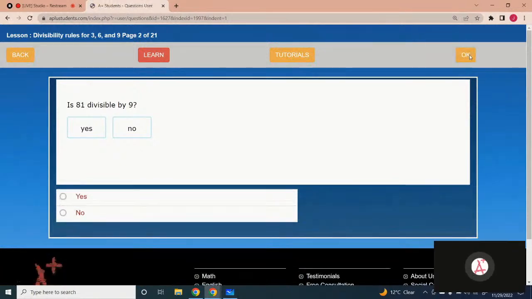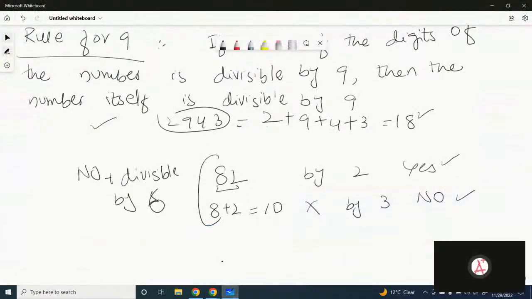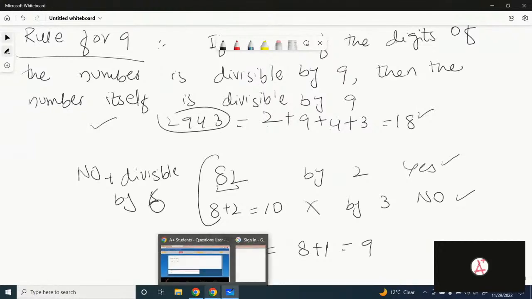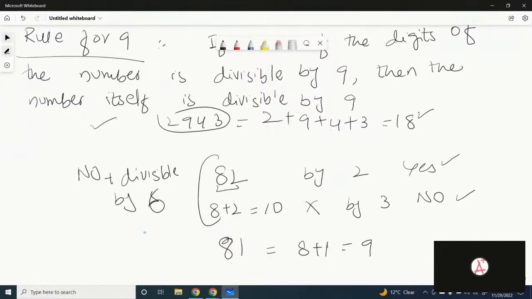Okay, the next one: is 81 divisible by 9? So the divisibility rule for 9 is that the sum of the digits must be divisible by 9. 8 plus 1 makes 9. Do we have 9 in the table of 9? Yes, 9 times 1 is 9.